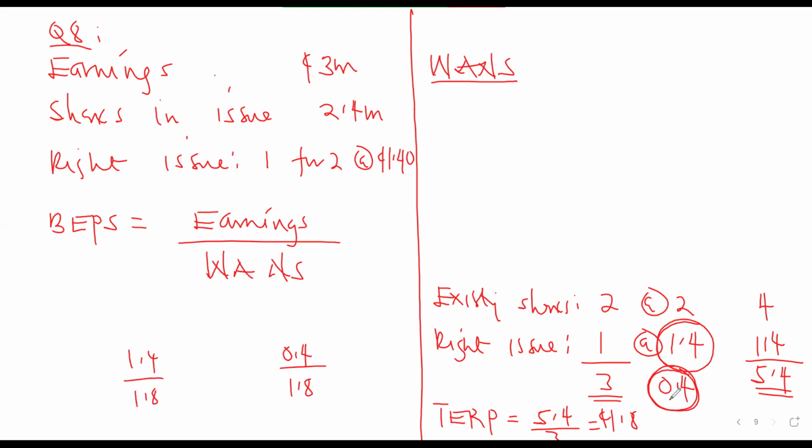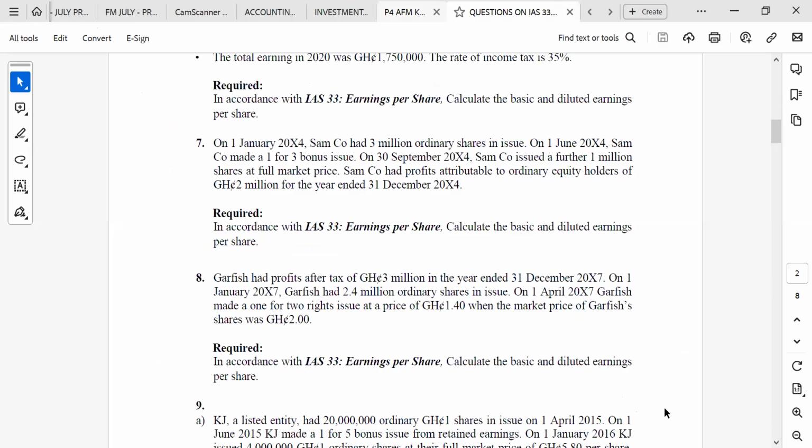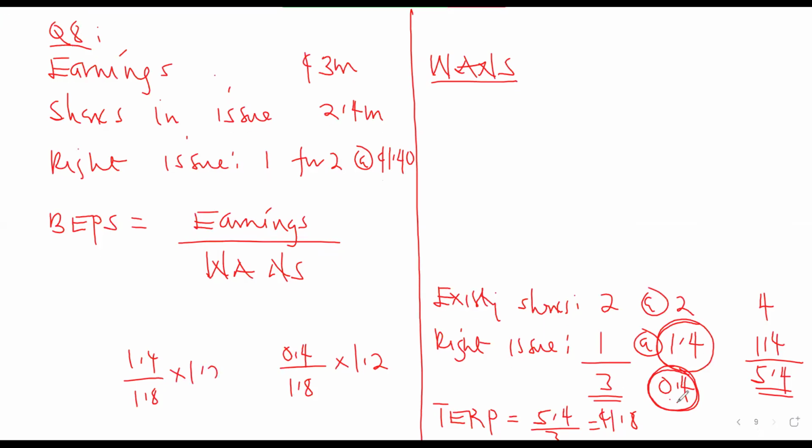So what is the shares from the rights issue? How many shares are we going to be getting from the rights issue? 1.2 million. Okay, so 1.2 million. What is the answer that you are getting for the two?